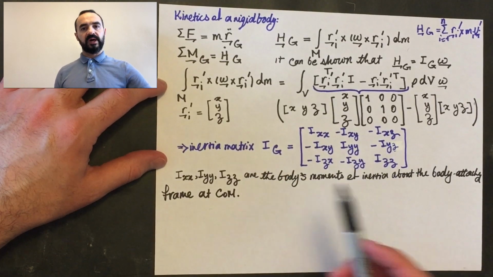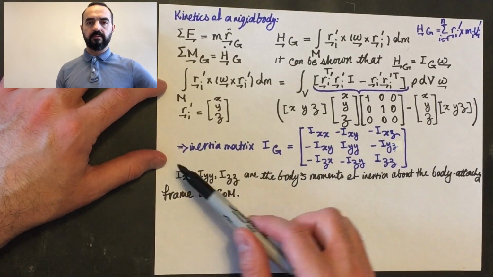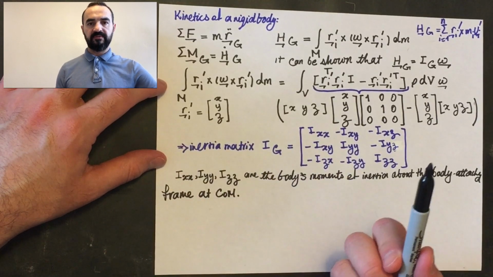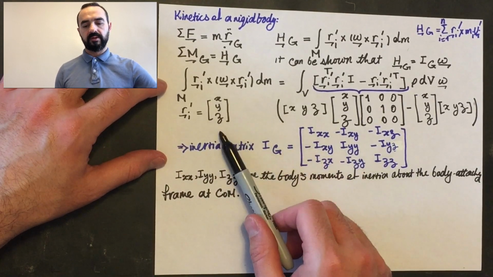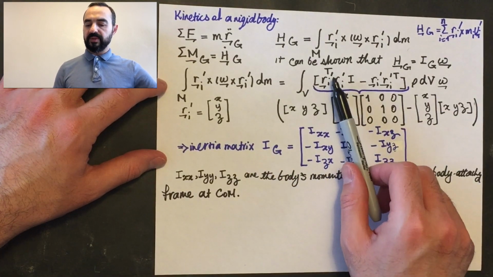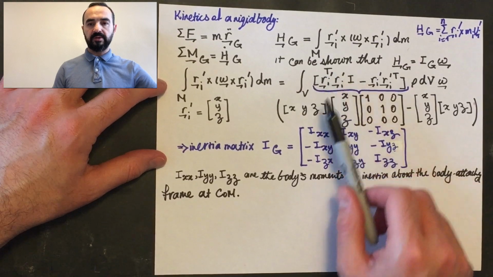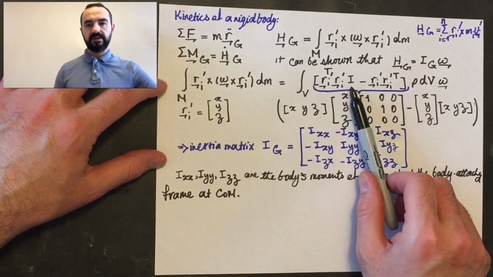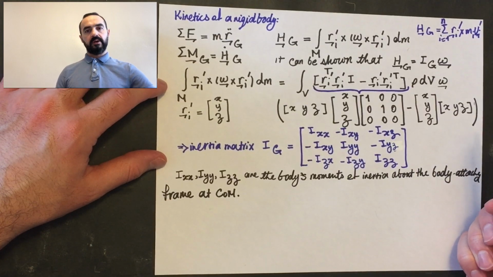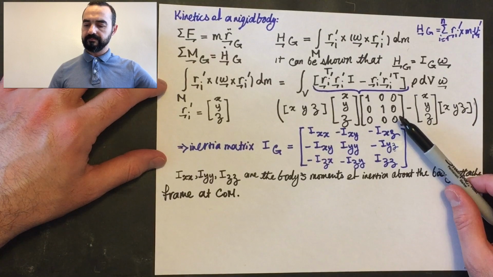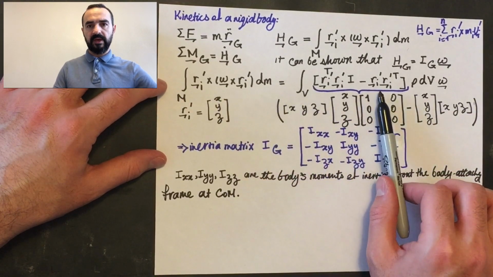So note that r_i prime represents a position vector, right? A position vector has three components, x, y, z in its most general form. So if you replace r_i prime transpose with x, y, z, r_i prime with x, y, z, and I is our unit matrix, and again, this is a math identity.